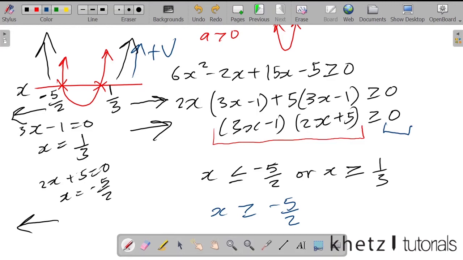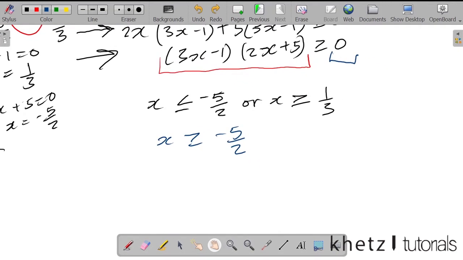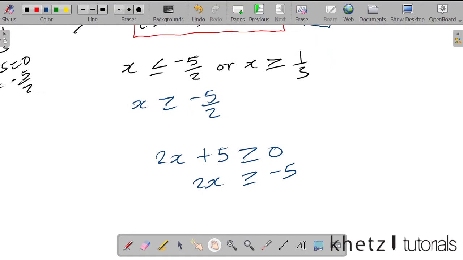If you actually want to solve that, you could say 2x plus 5 greater than or equal to 0, so 2x greater than or equal to negative 5, and then divide by 2.